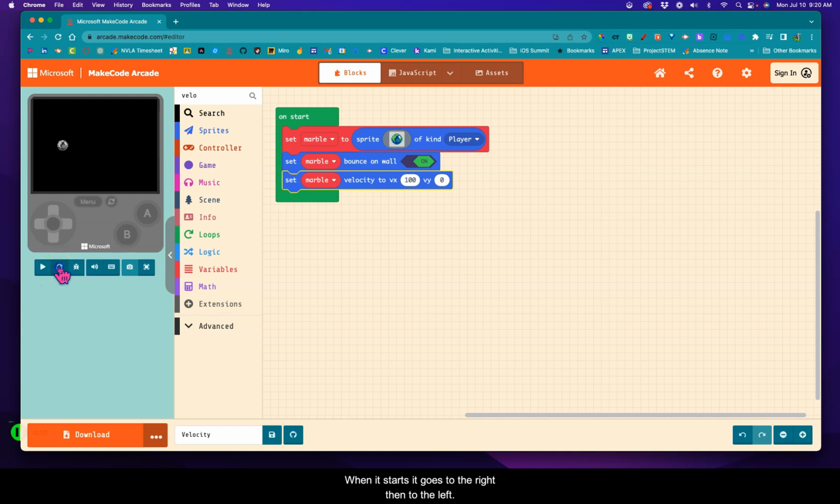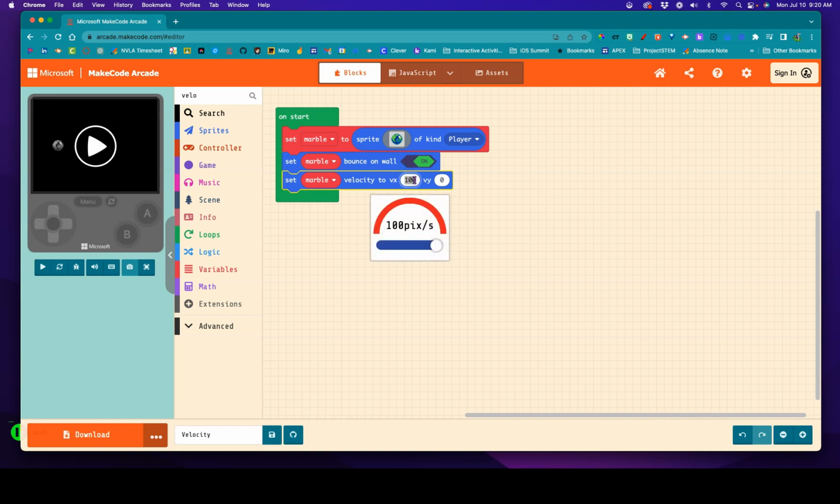When it starts, it goes to the right, then to the left, to the right, then to the left. Let's change the value to negative and reset it. It should move to the left first. There it goes. Left, right, left, right.